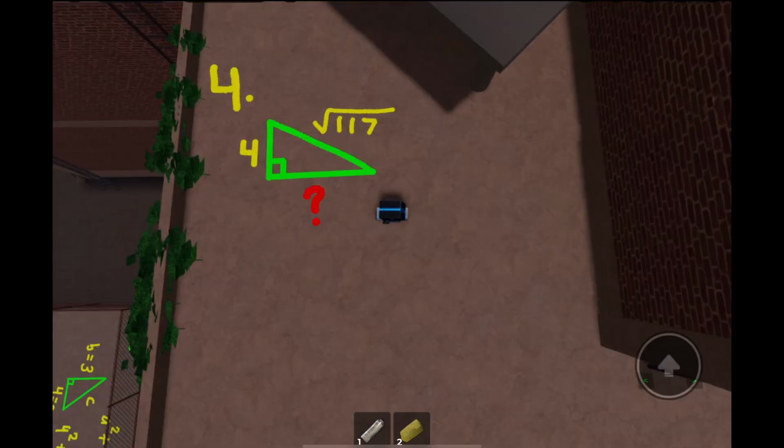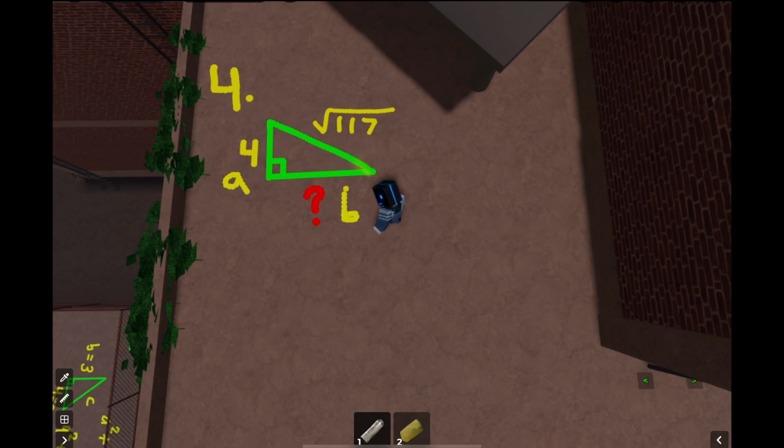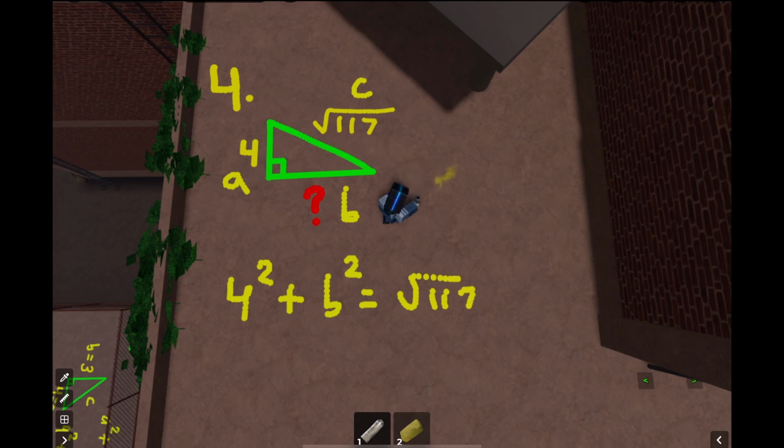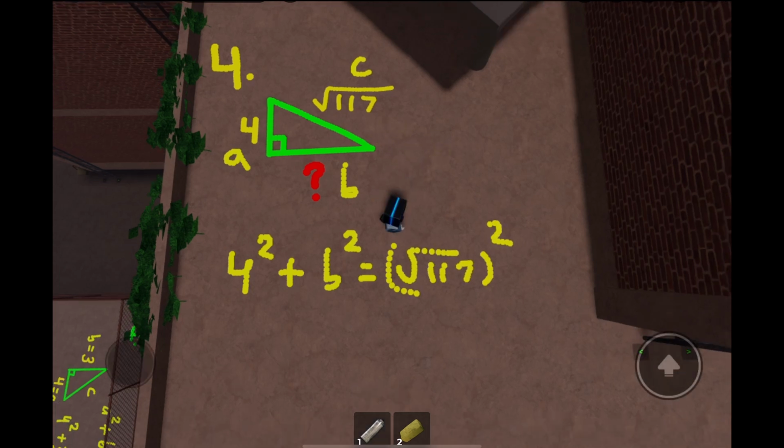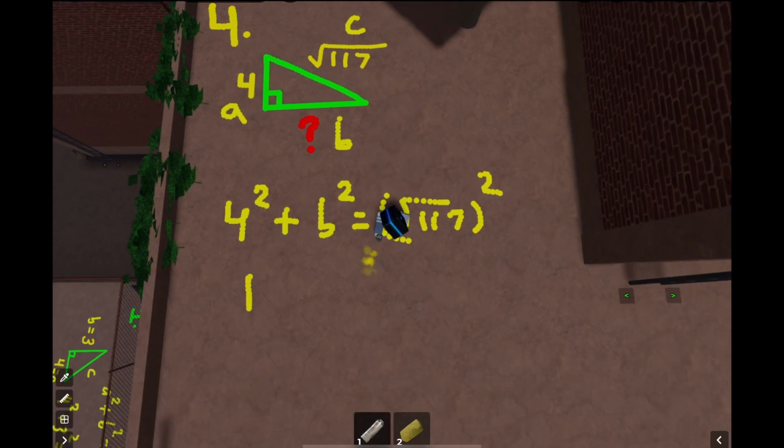The setup is the same as the previous problem. Let 4 be A, let this unknown leg be B, and let the hypotenuse be C. We would have 4 squared plus B squared is equal to the square root of 117 squared. If we do that, that would be 16 plus B squared is equal to 117.